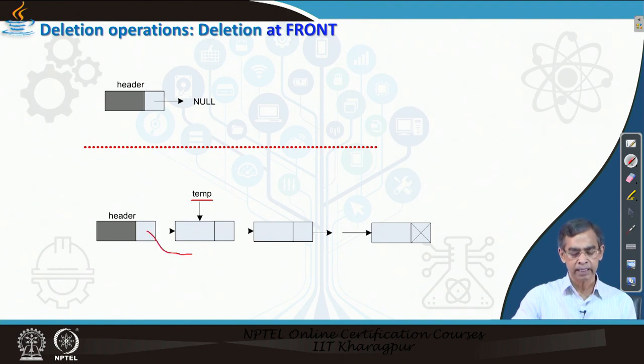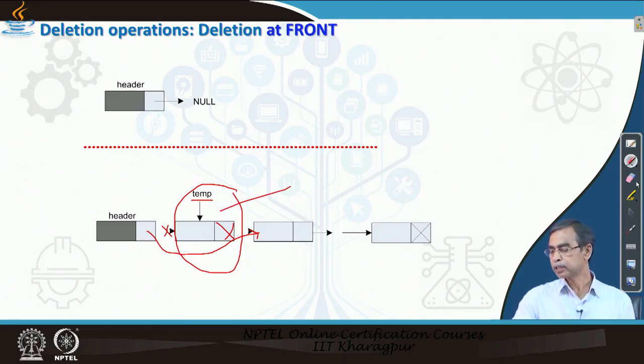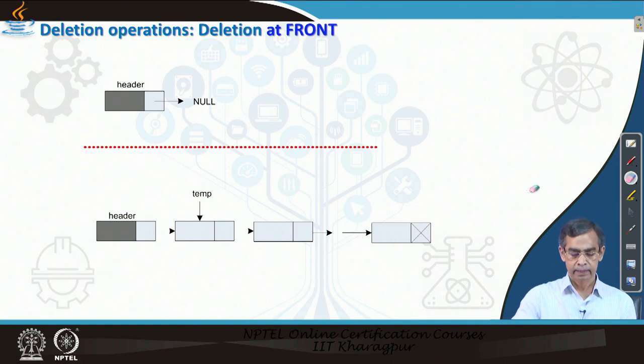So, this basically will set this one, and finally, we will mark this link field as null, and by this process this no more exists, and then we can return this node to the memory bank. So, this is the procedure as far as deletion at front is concerned.